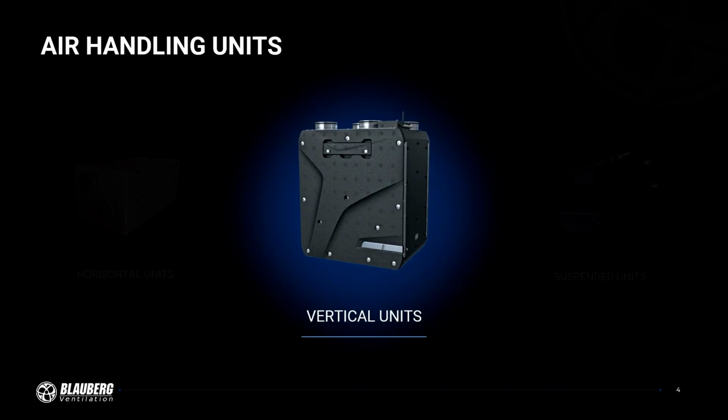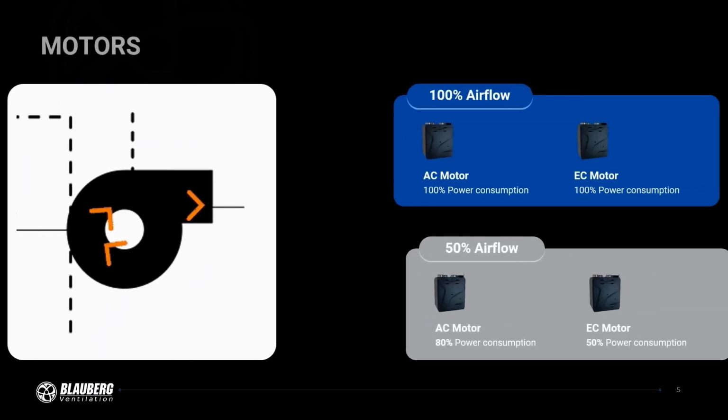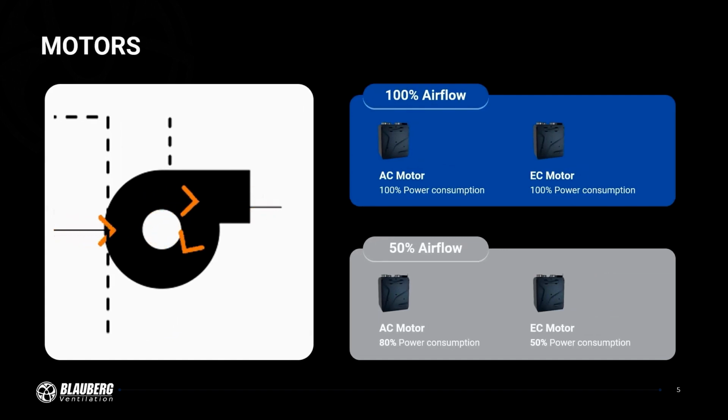These units are installed in spaces where a dedicated area is available for the AHU, e.g., technical rooms, niches, or closets. AHUs can also vary based on the type of motors installed in their fans. The most common are AC, asynchronous motors, and EC, electronically commutated motors.